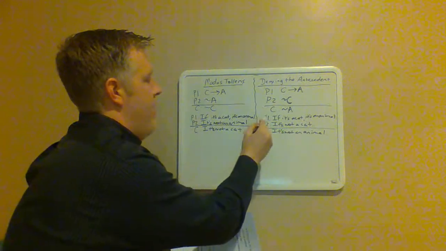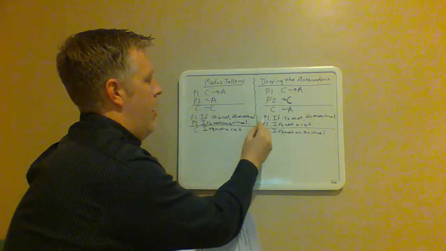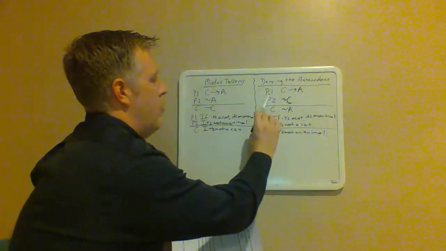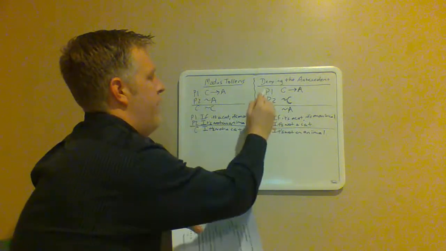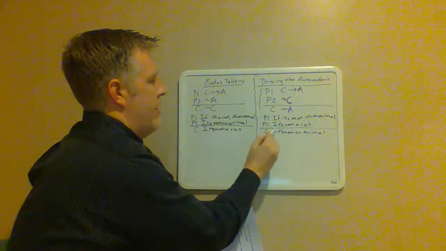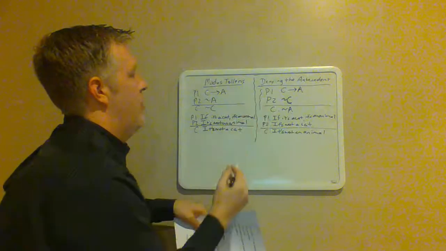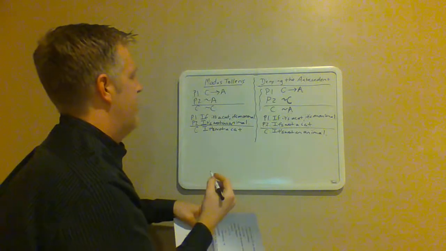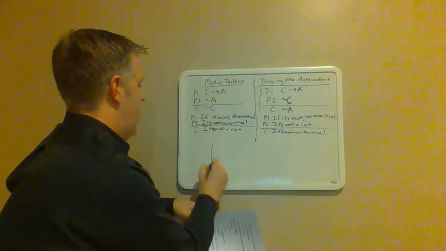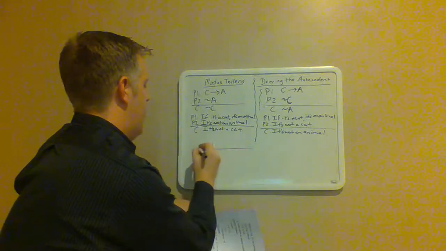So again, it doesn't matter what argument you choose. If its underlying form is this, which is the case here, it will always be invalid, okay? And that underlying form is known as denying the antecedent. So let's do the truth table again for both of these.